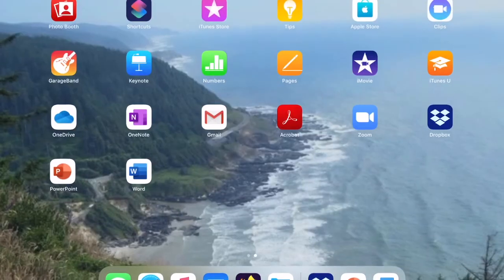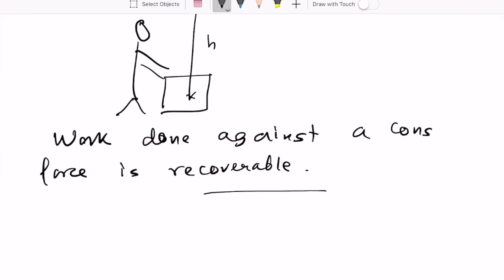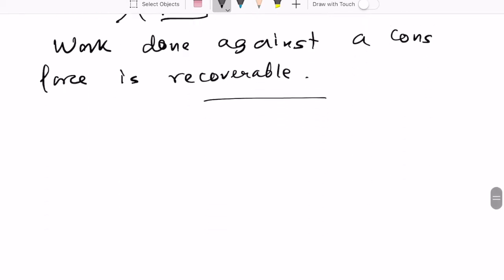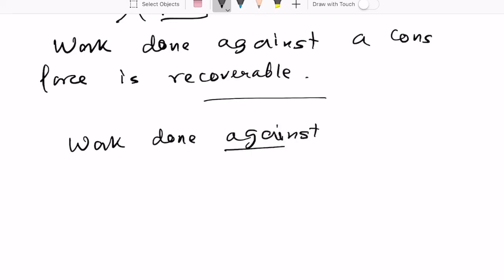Now, the second half of the story is that, suppose you drop the object from here, right? If you drop it, the object will start moving downwards. Gravity will be doing positive work in that case, and potential energy will be going down, right? So when work is done against a conservative force, the potential energy goes up.